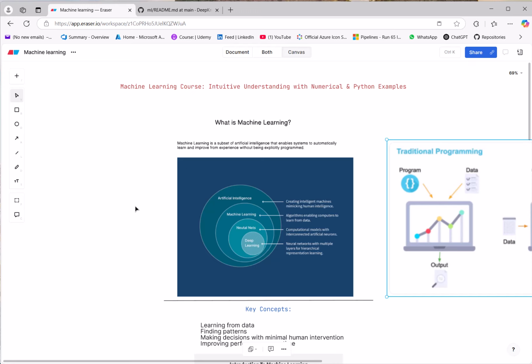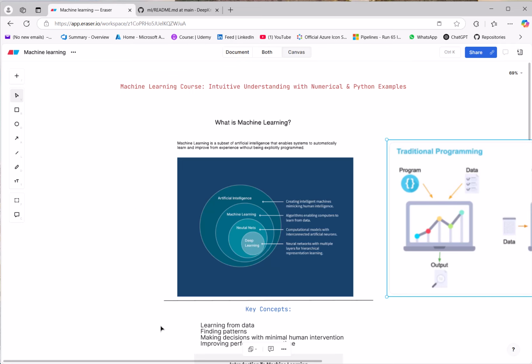Instead of giving them strict rules like the cat has four legs, it has pointy ears, and maybe it has a tail, you just show them many pictures of cats, and over time they learn how to recognize cats in any position and in any color. That's exactly how machine learning works.